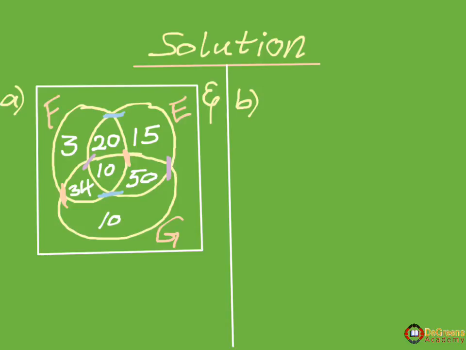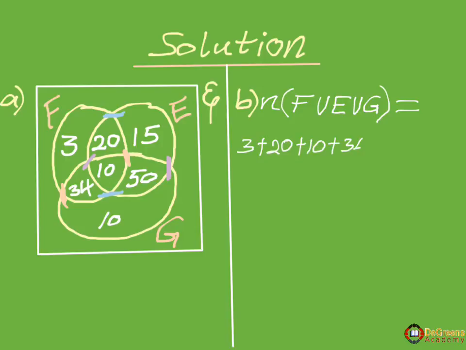And the total number of students in the class is the same as the cardinal number of F union E union G. And that should be the same as adding all those values. Will be equal to 3 plus 20 plus 10 plus 34 plus 10 plus 50 plus 15, which will give us 142. So there were 142 students in the class.